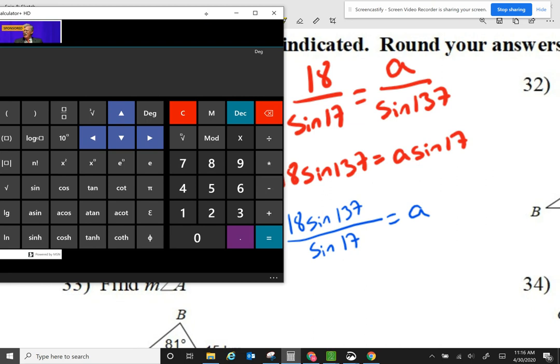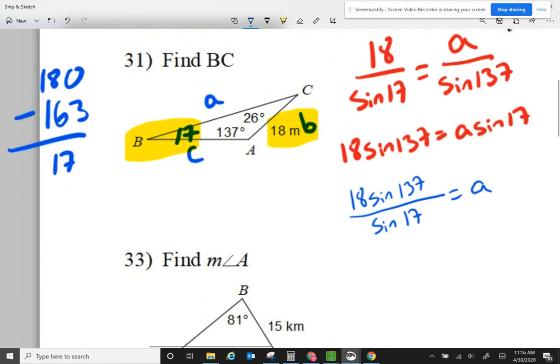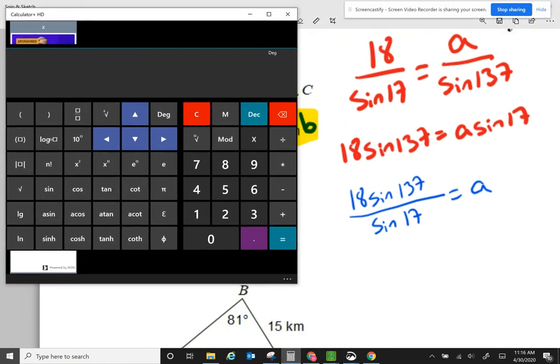All right, so I'm going to worry about the, let me grab a calculator. So I'm just going to type in 18 times sine of 137. In this calculator, I have to type in sine first.